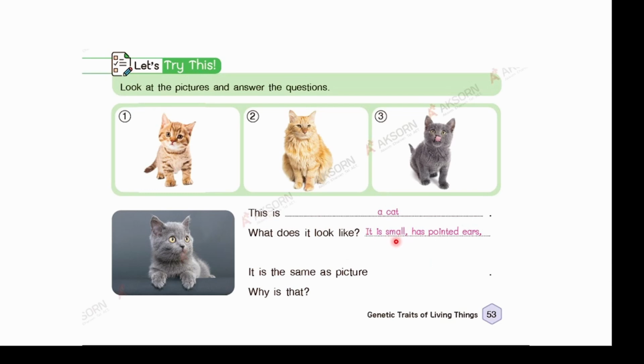It is small, has pointed ears, has whiskers, and it is grey. Okay, so you can't really see the whiskers, but it has the pointed ears. We know it's small because it's a cat, and this is a baby cat, a kitten, and we can see that it is grey.